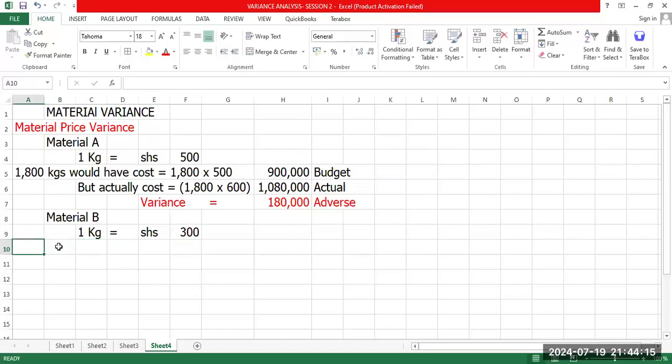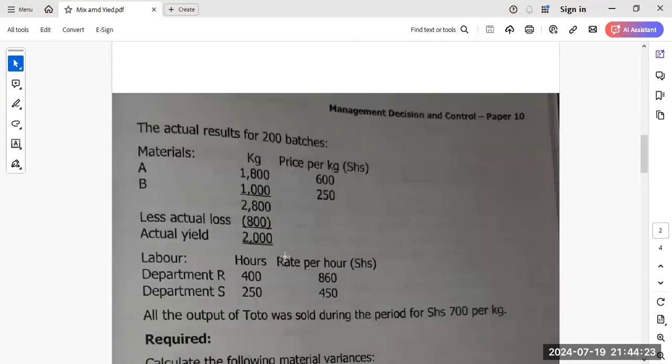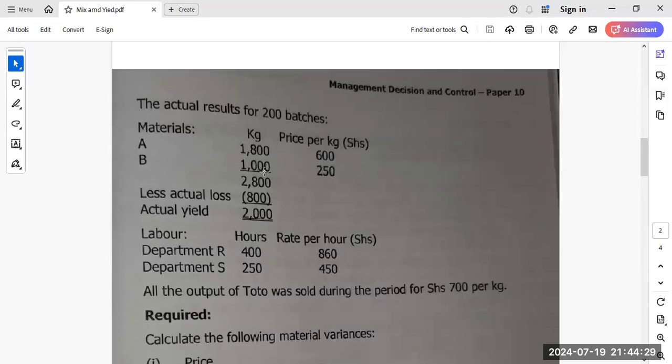Now ask yourself, how many kgs do they actually use? Go to actual information. 1,000 kgs.